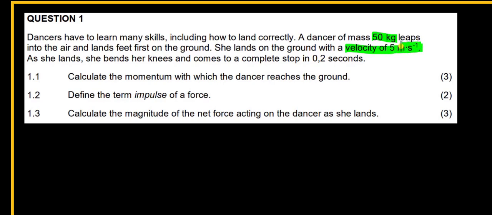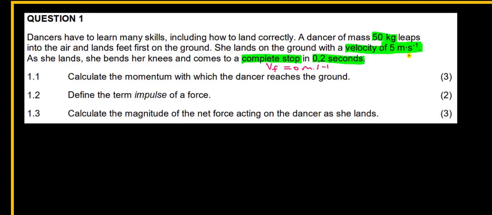As she lands, she bends her knees and comes to a complete stop in 0.2 seconds. So this tells us that the final velocity here is equal to 0 meters per second.